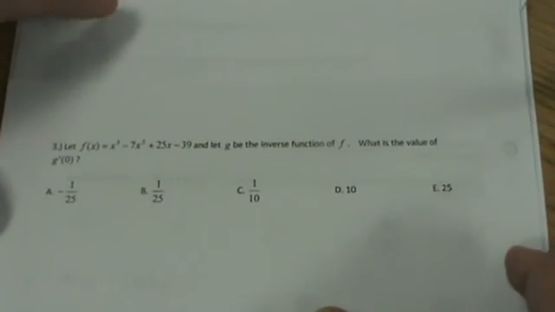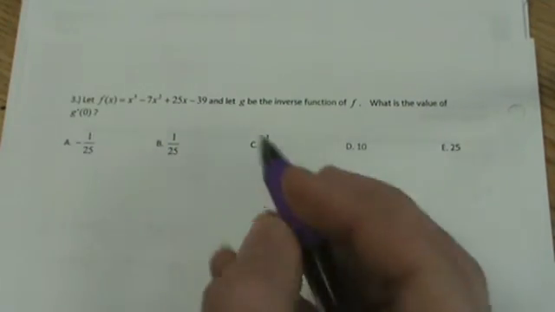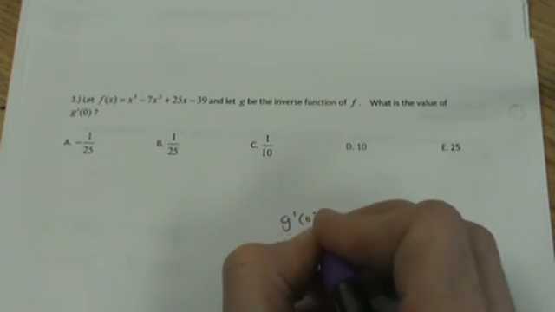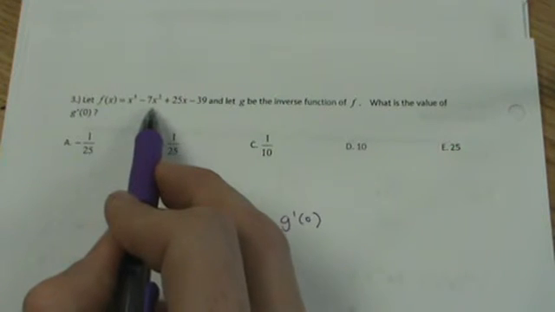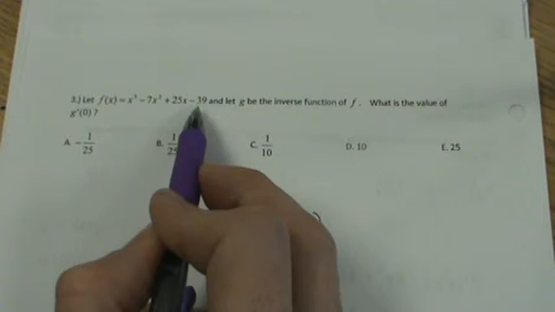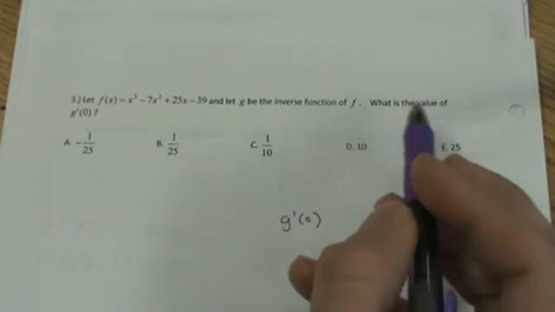All right, let's go to the back side of this. This one's a little bit more challenging. We're looking for g prime of 0. Let f of x equal x cubed minus 7x squared plus 25x minus 39, and let g be the inverse function of f.